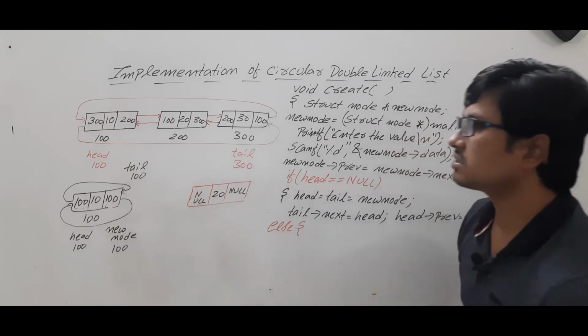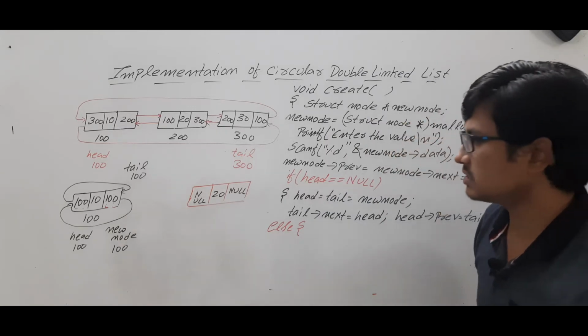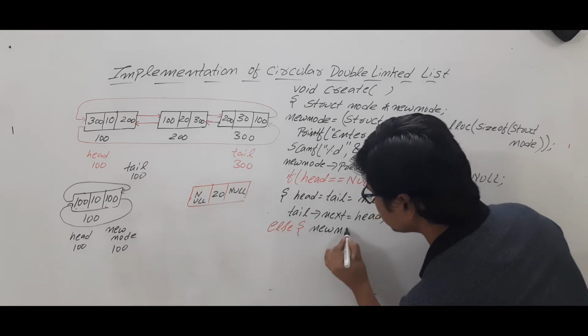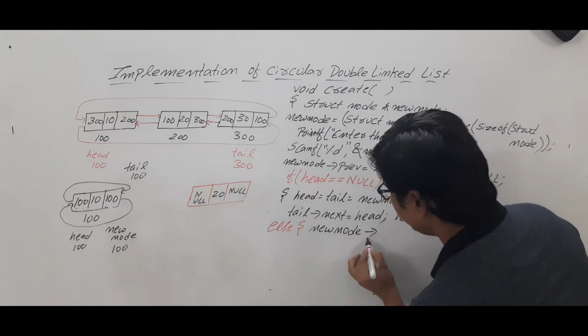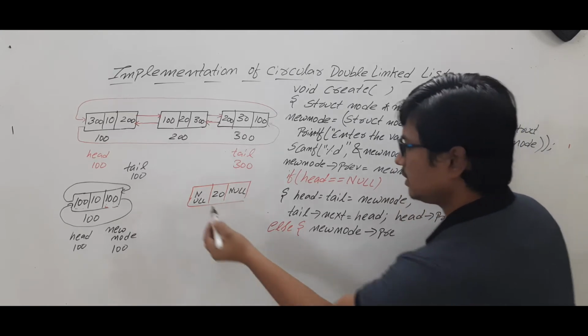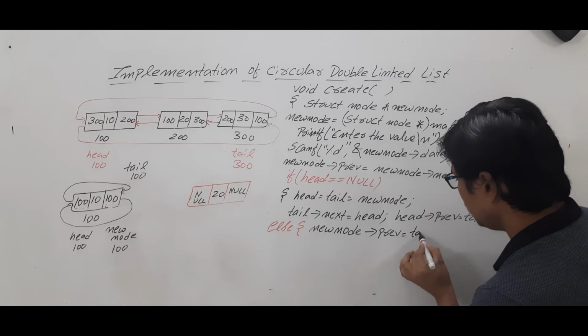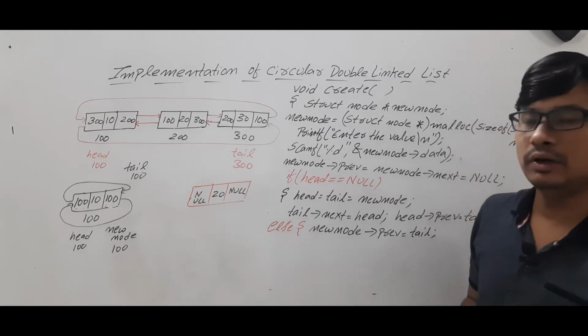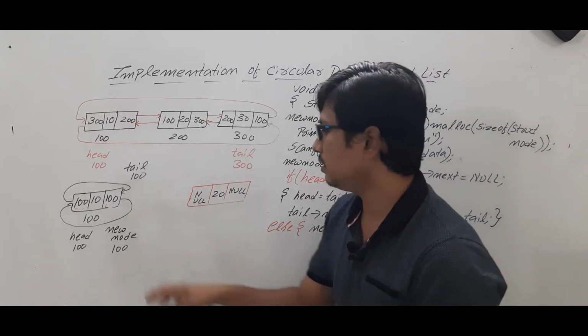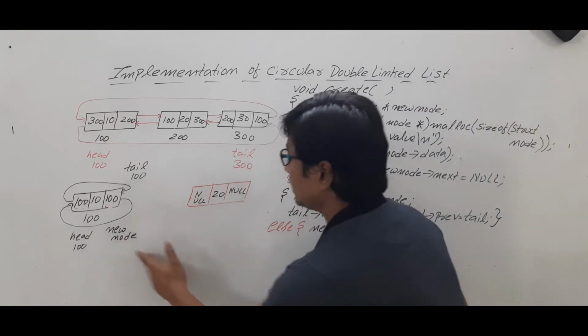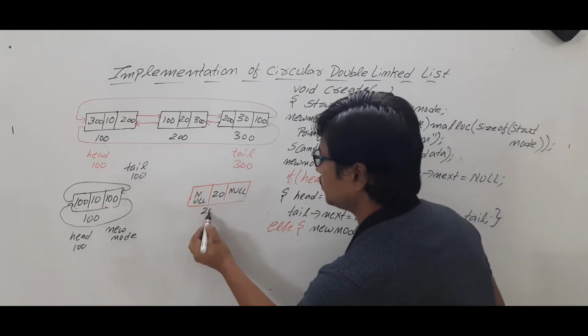Then what do I need to do? First thing, I need to write new node of previous is equal to tail. Look here, what will happen? New node will have, not 100, let's assume this address will be 200.